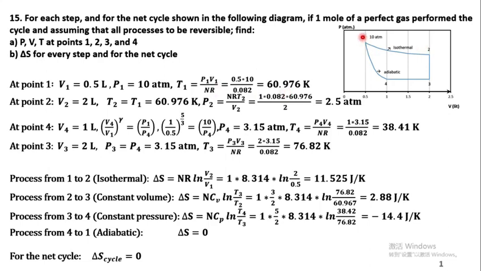From point 1 to point 2, because this is an isothermal process, at point 2 we have the temperature equals this. And then point 4 is reached by a no heat exchange process from point 1 to point 4.